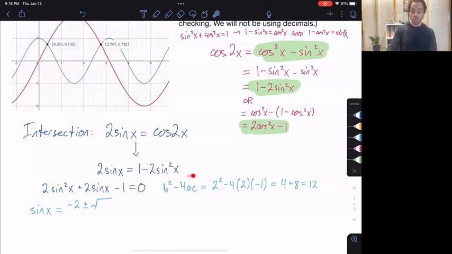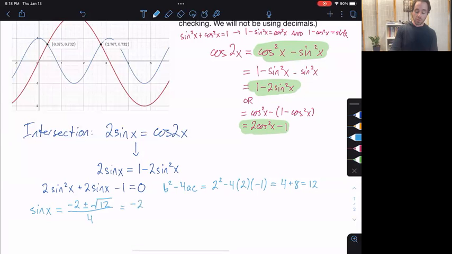But if you're smart, you'll realize it's already been done. In case you think that I'm smart because I saw it, that was actually because somebody pointed it out to me. So I'm dumb and they're smart. So negative 2 plus or minus square root of 12 divided by 2 times a is 4.